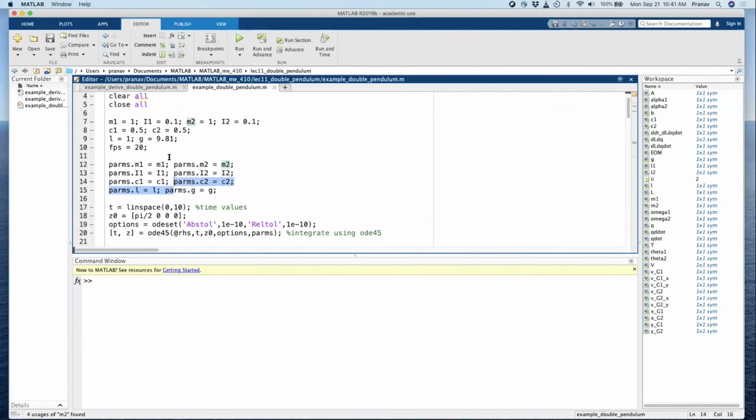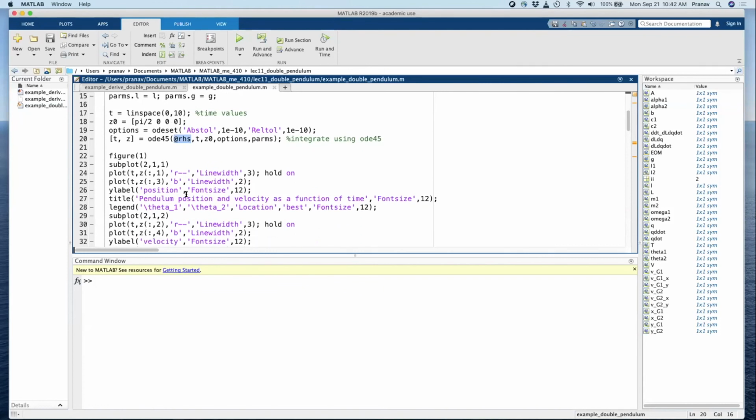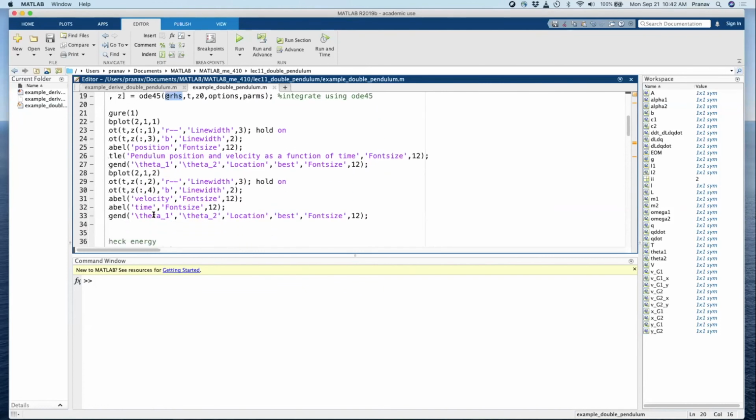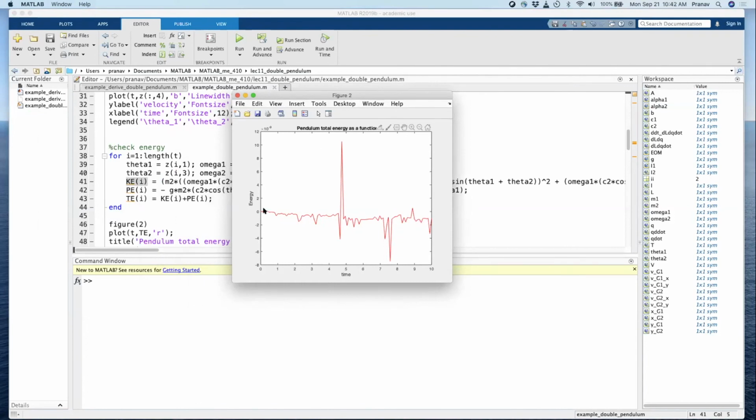So the first part of the code is essentially setting up the parameters, doing ODE45, which is my chosen integrator here, and then doing plots and the animation. In this case, I also plotted the kinetic and potential energy. The plot comes up as figure 2. If you look at the total energy, what you expect is that total energy should be constant, right? Because this is a conservative system.